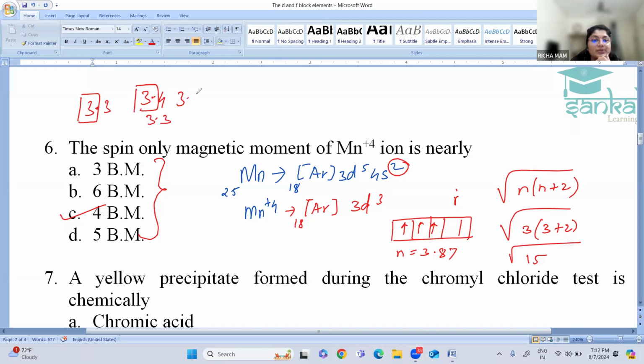If it is more than 3.5, like 3.6 or 3.7, then it will be 4. The spin only magnetic moment is 3.87, so you have to round up to the next number. So 4 is the answer.